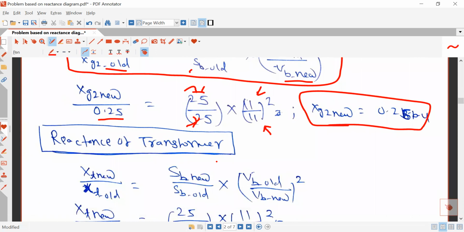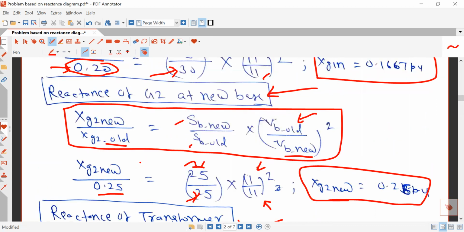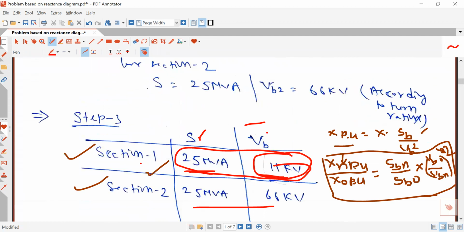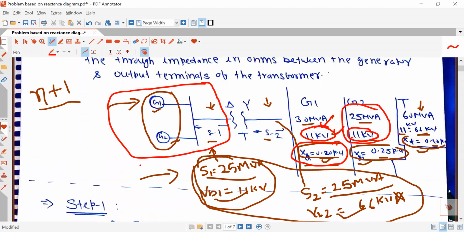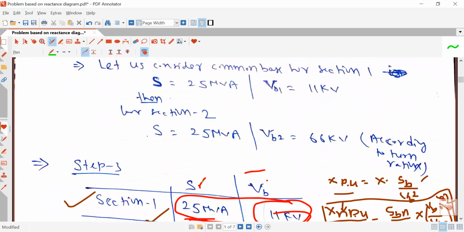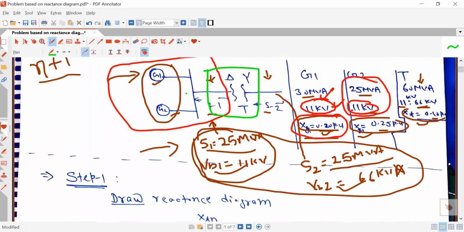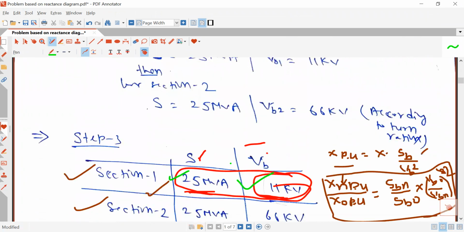Similarly, you have to calculate the reactance of the transformer at the new base. We will use the same formula. You must remember, if you consider this transformer in section 1, then the new base value will be this. And if you consider the transformer in section 2, then the new base will be this.